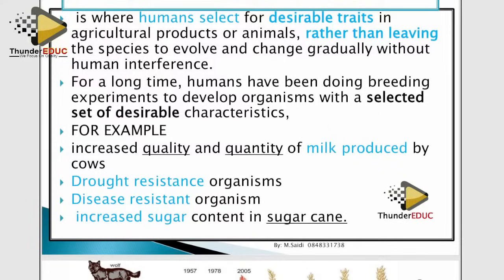And remember that it depends on the desire of the human. Because one farmer might need milk, the other one might need meat. So you give a chance to those which the farmer wants to develop.